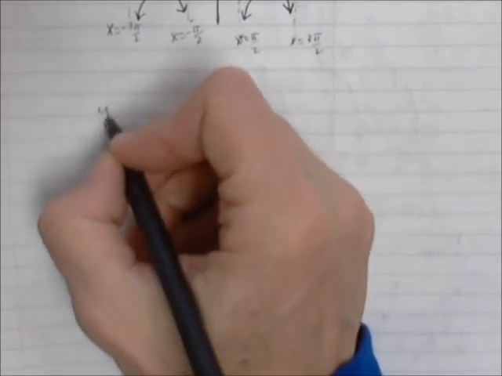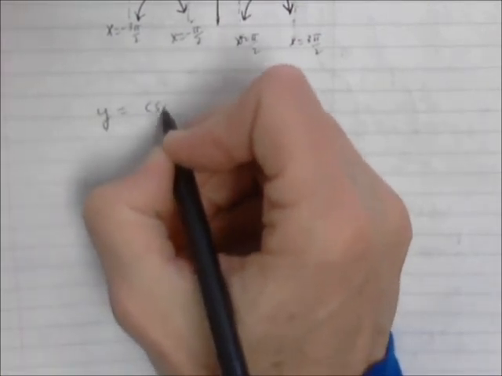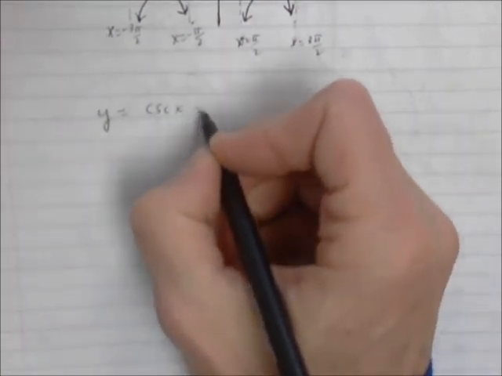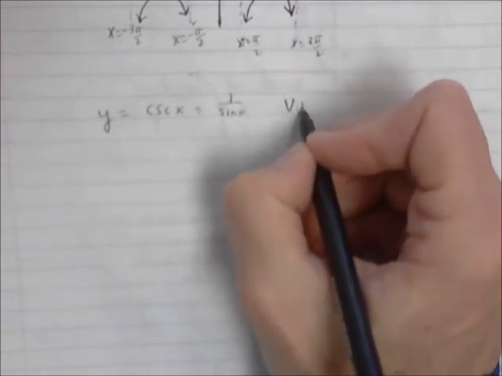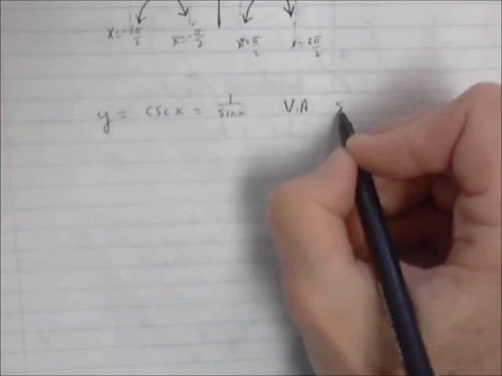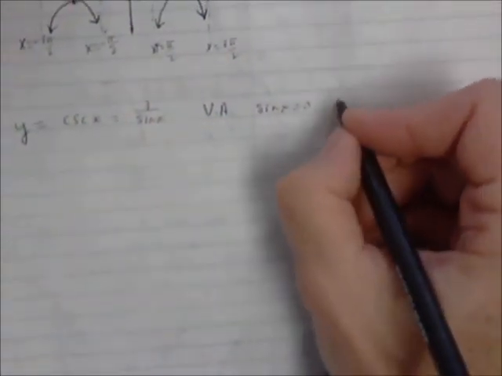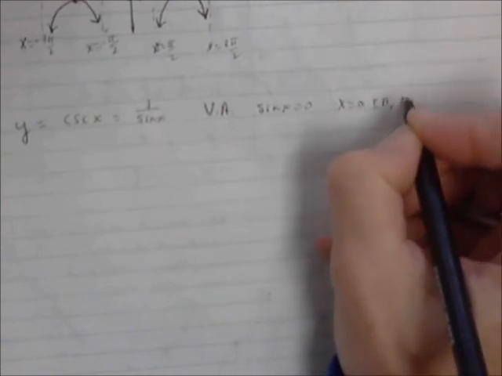And then for completeness, we'll do y equals cosecant of x. Cosecant of x is the reciprocal of the sine of x, and it has VAs where the sine of x equals 0, and that is x is equal to 0 plus and minus pi plus and minus 2 pi, just like on the other ones.